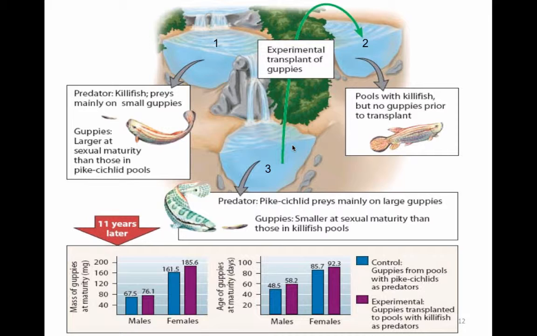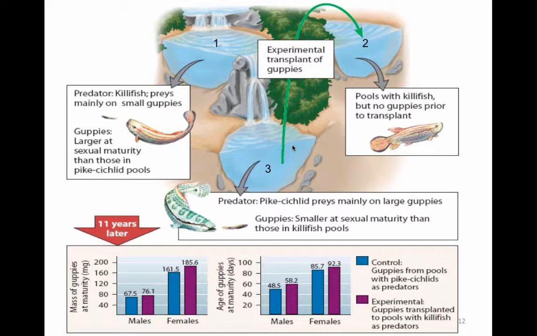Let us read the bar graph on the left. The male guppies living with killifish, purple bar, are larger at maturity, 76.1 milligrams, than the male guppies living with the pike cichlid, blue bar, measuring 67.5 milligrams.